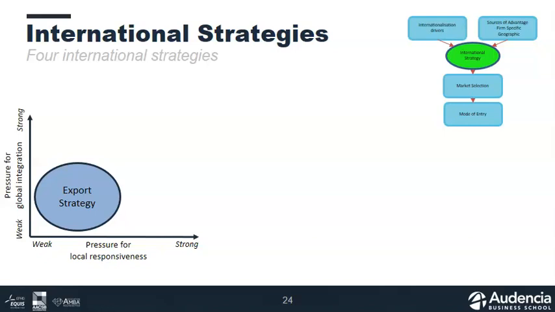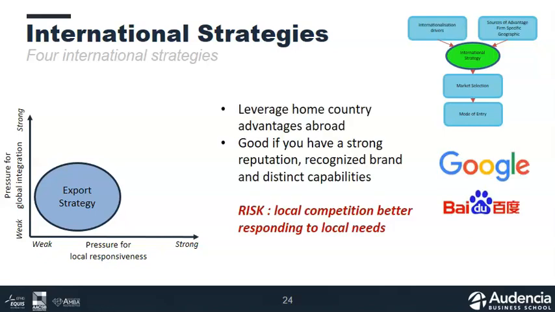This is the basic export strategy. So what I'm doing is leveraging my home country advantages abroad. So I have, maybe, production advantages. I'm producing my product here, and I just export it and send it off to a distributor in a foreign country. This is good if you have a strong reputation and a recognized brand and distinct capabilities.